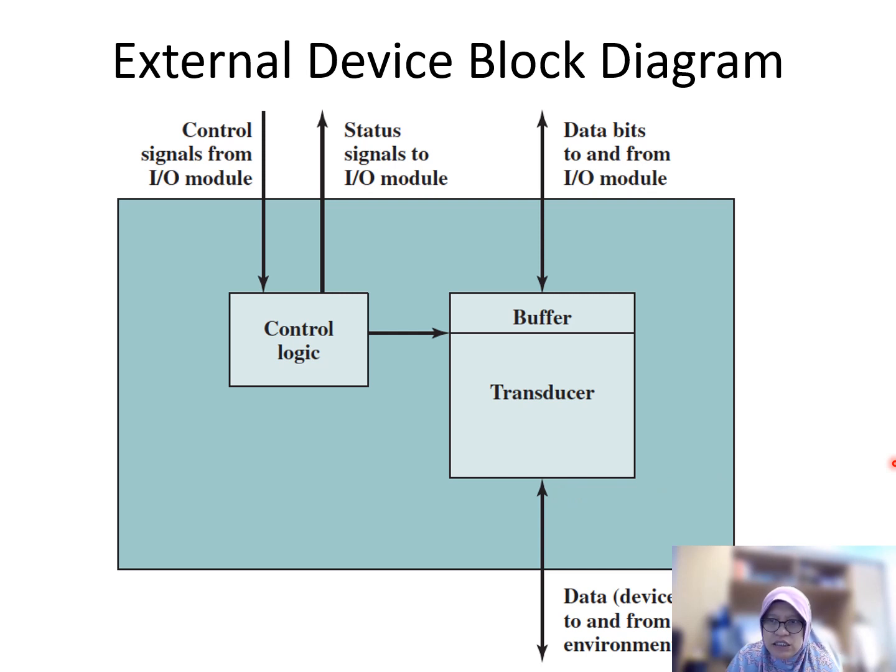Typically during this transducing, a buffer is associated with the transducer to temporarily hold the data being transferred between the I/O module and the external environment. The buffer size is commonly between 8 to 16 bits.